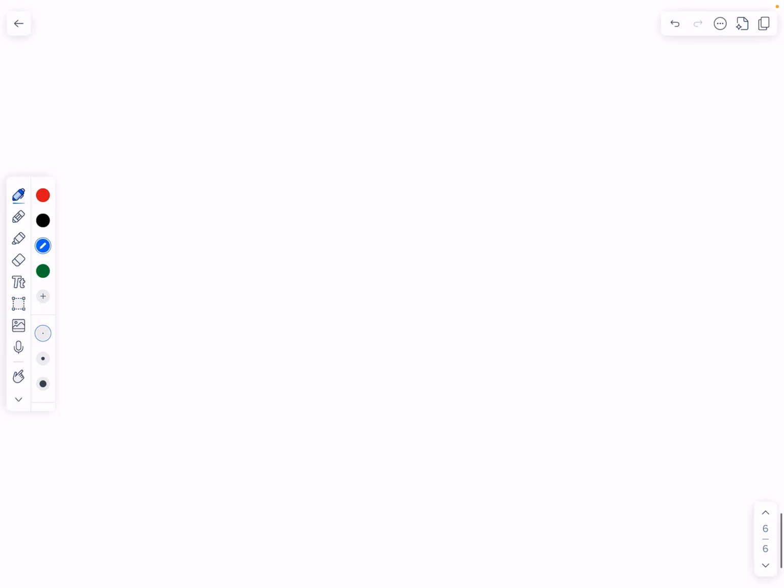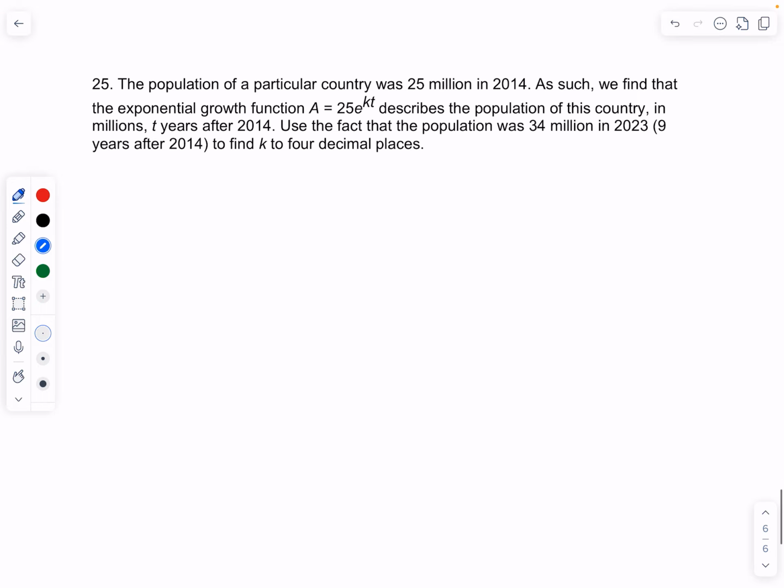Okay, and finally, I think this is the last question, 25. I'm just going to finish this off. We have to use the formula A equals 25e to the kt. It says the population of a particular country was 25 million in 2014. As such, the exponential growth function A equals 25e raised to the kt describes the population of this country in millions, t years after 2014.